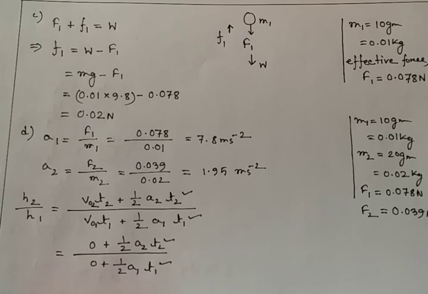In the same way, we can determine the acceleration for object 2, that will be a2, and by applying the values on the equation f2 by m2, finally the acceleration for the second object will be 1.95 meter per second square.